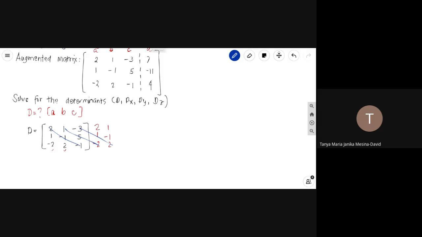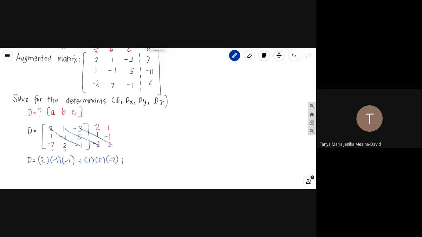So I will have here, determinant would be 2 times negative 1 times negative 1. That's the first diagonal. I will add that to the product of the second diagonal, 1 times 5 times negative 2.